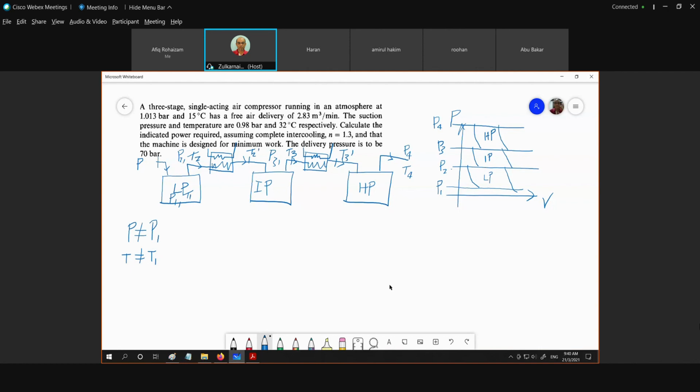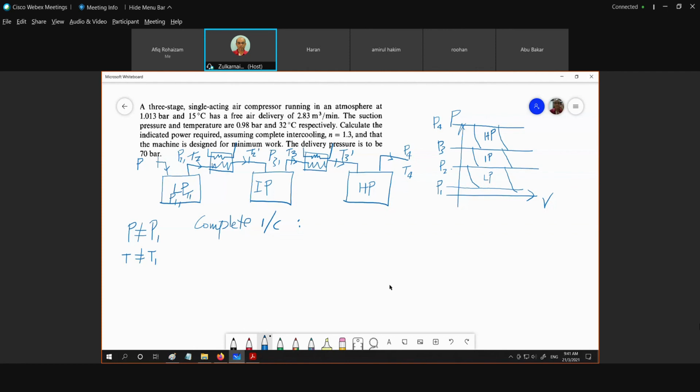Respond to this lah. Complete intercooling, apa kita dapat? All the temperature going into each stage of compressor is the same. So kita dapati T2 ni sama dengan T1, T2 prime sama T1, T3 sama dengan T2 prime.